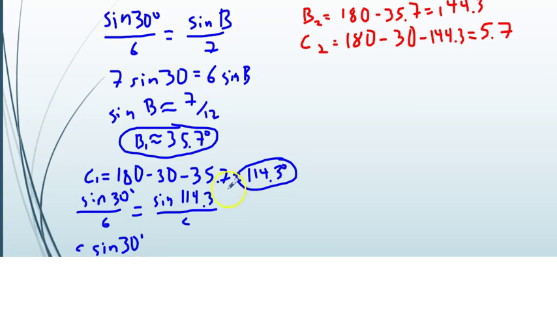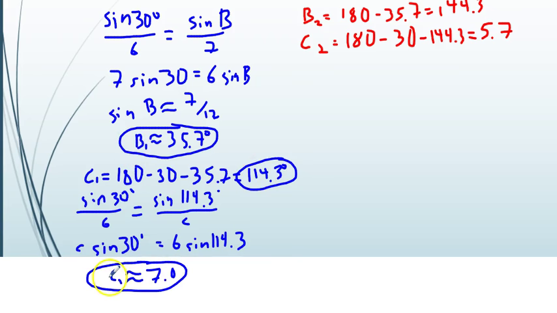It's unfortunate. And then by plugging this one in the calculator, 6 times sine of 114.3 divided by sine of 30 is giving an answer of 7.0. And again, I need to specify that that's side C1.